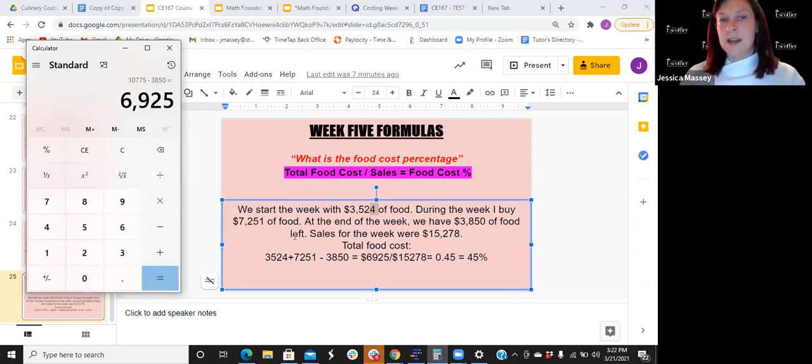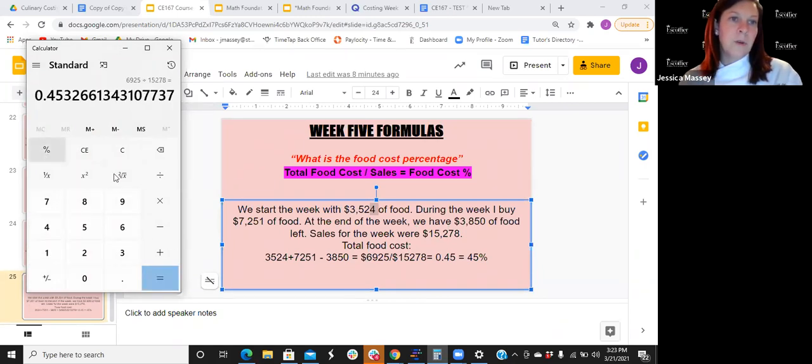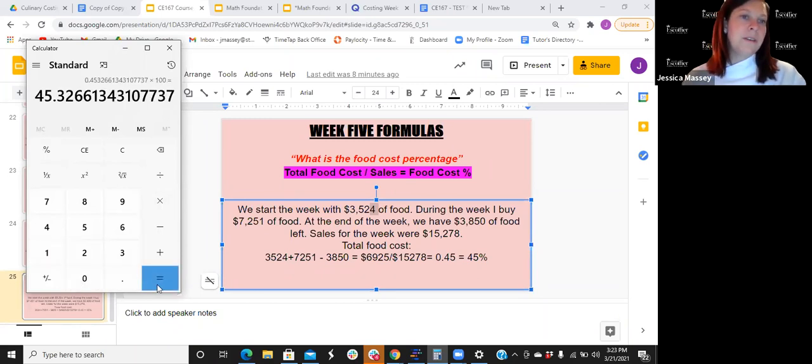And we're left with 6,925. That is our total food cost. Now once you find that, you divide it by your total sales, which would be 15,278. We get this very, very, very long number. You multiply it by 100, and we're left with 45%.